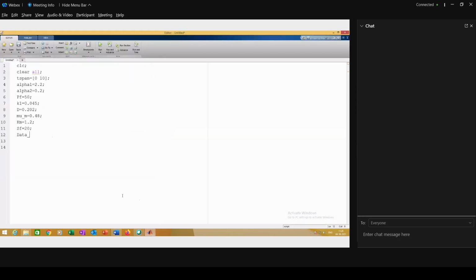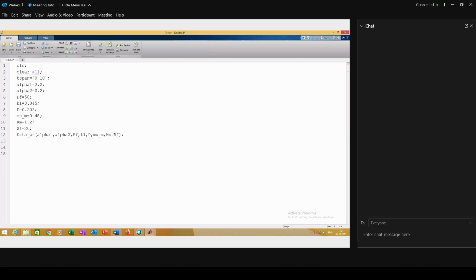So I say data_p, which is the parameters, is equal to alpha 1, alpha 2, and so on. So I created data_p.